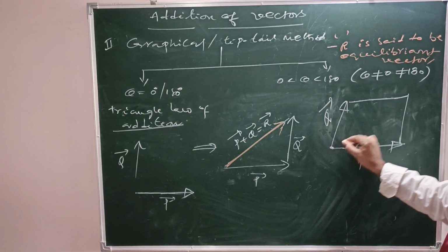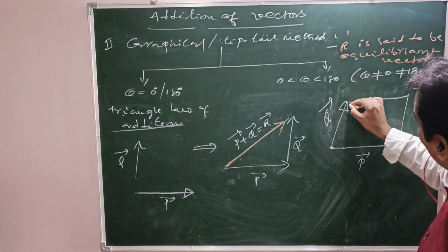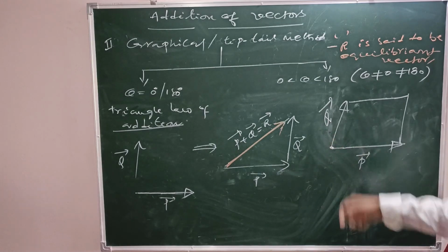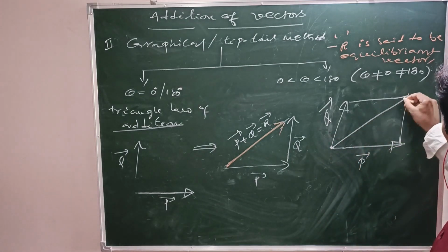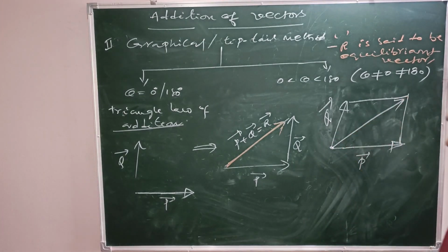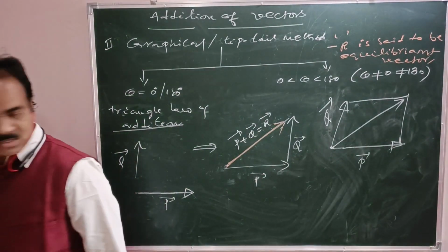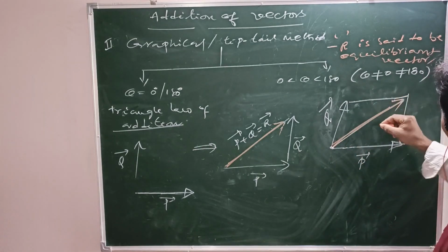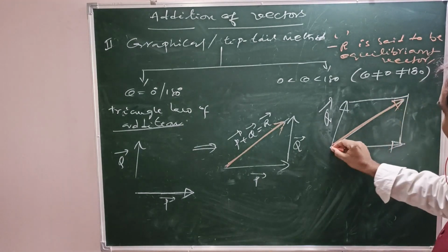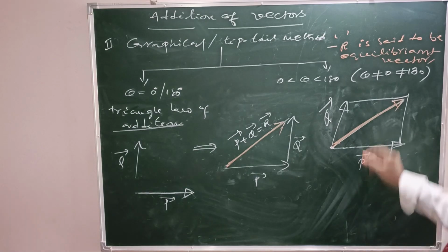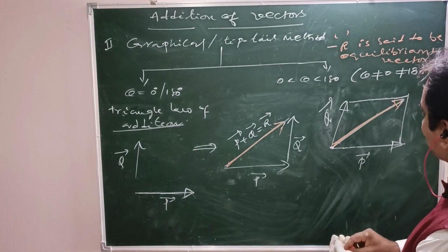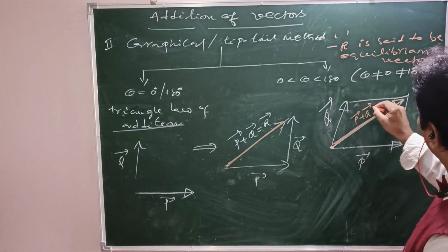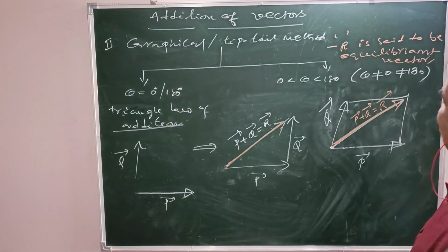Now this is a diagonal, this side also a diagonal. Now what I am saying: a diagonal drawn from the intersection of the parent vectors is the resultant of the given two vectors. Am I right? This is the resultant of the given vectors, that is q bar plus p bar, otherwise p bar plus q bar, equals the resultant r bar.